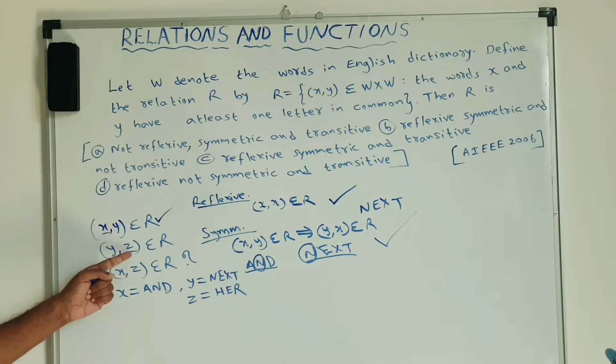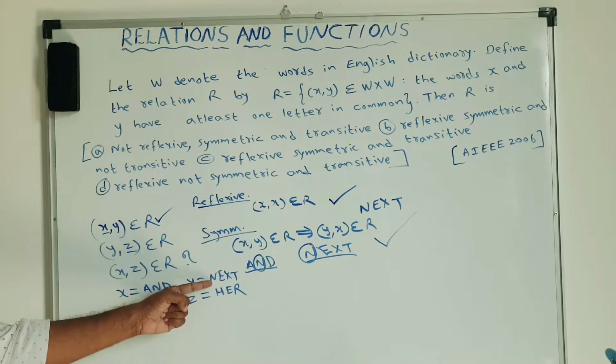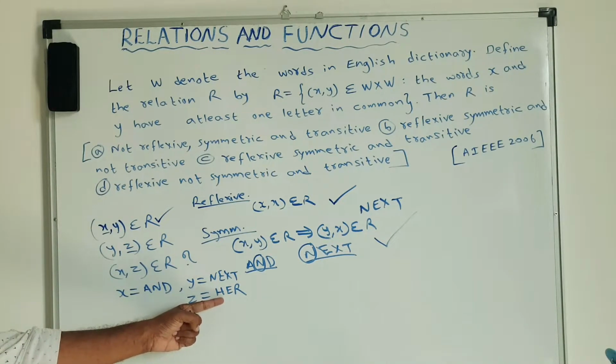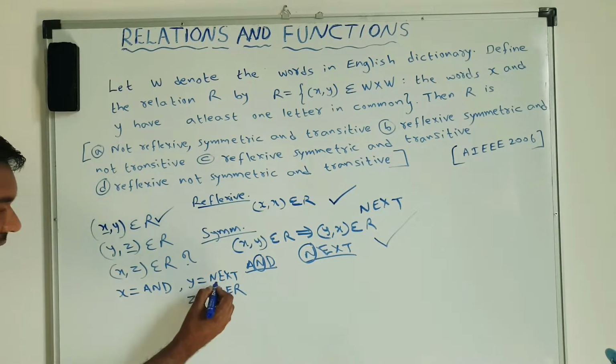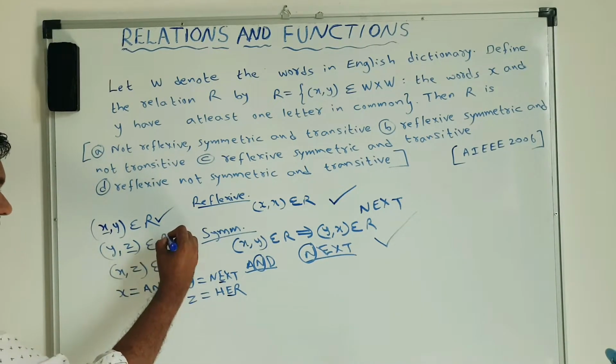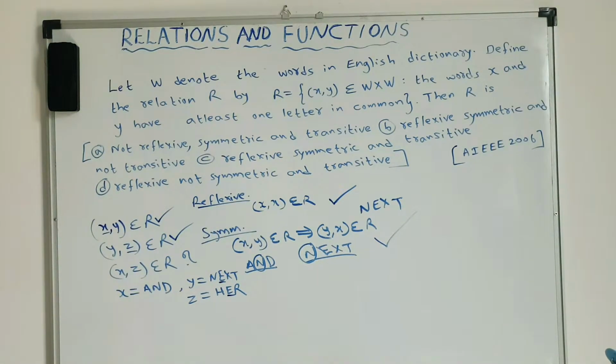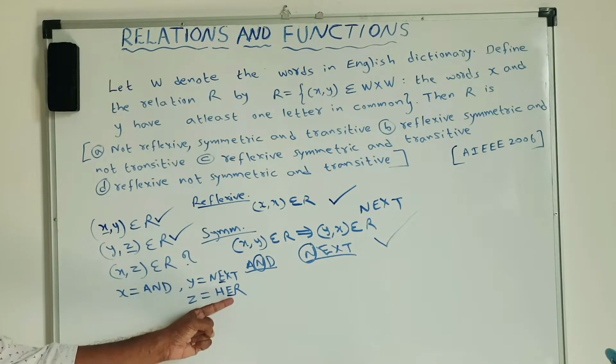Now I am checking whether (Y, Z) is an element of R or not. Means the word NEXT and the word HERE, do they have at least one letter in common? Yes, they have letter E in common. So this condition is okay. Now I have to check whether (X, Z) is an element of R. Means the word AND and the word HERE, I have to check whether they have at least one letter common or not.